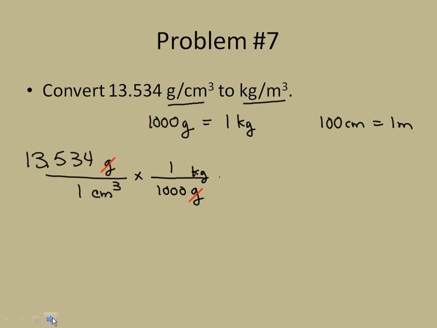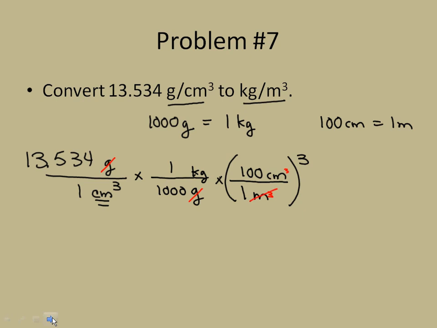I'm going to put 1 meter on the bottom and my 100 centimeters on top, because I want to change what's in the denominator. I'm going to cube those. By cubing it, I'm going to say that's going to end up cubed. So I'm going to get rid of, oops, let's go backwards.